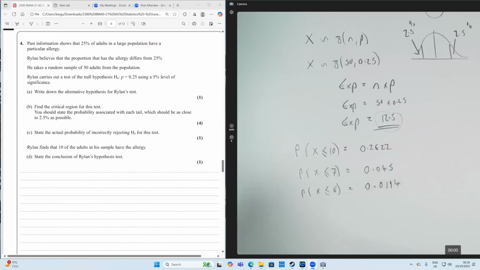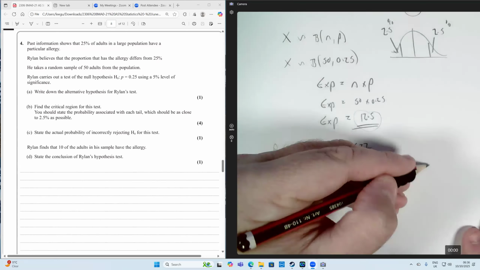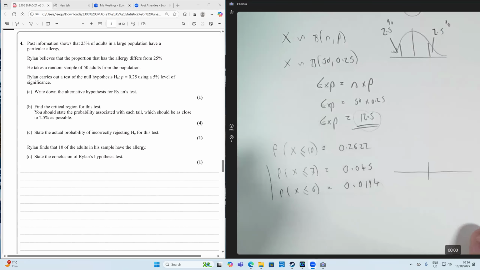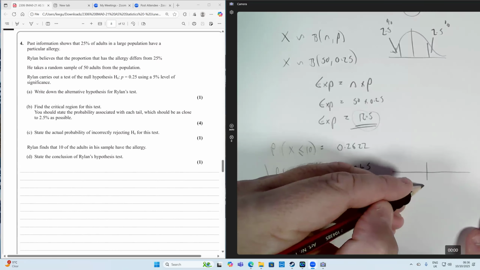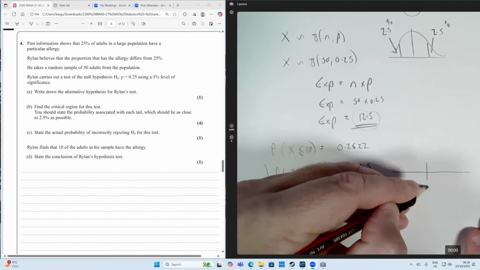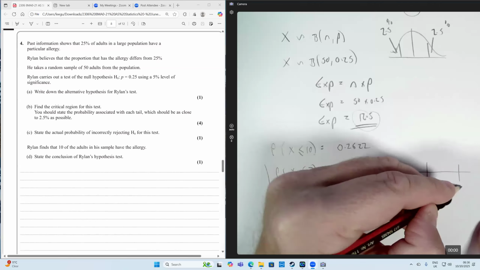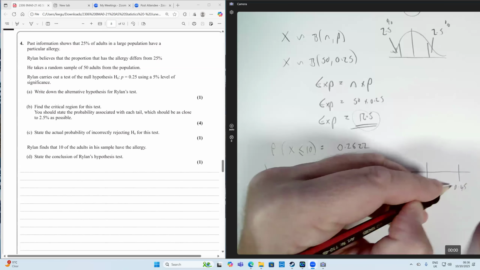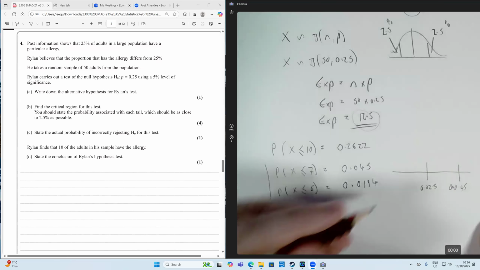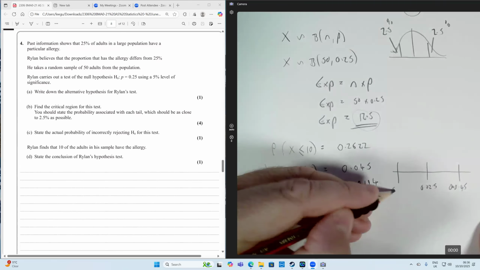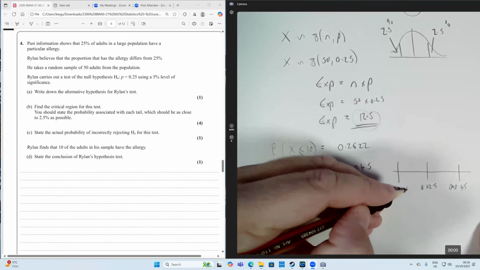However, we've got to be careful here because what this question is saying is which one of these is closest to 2.5%, which is 0.025. So what we've got is 0.045, and then we've got 0.0194.